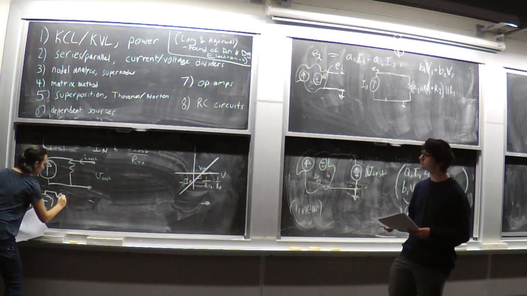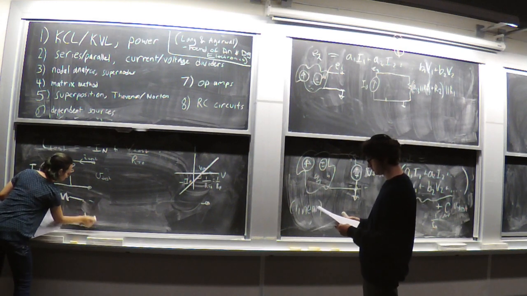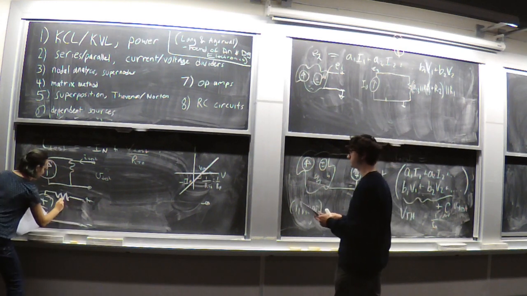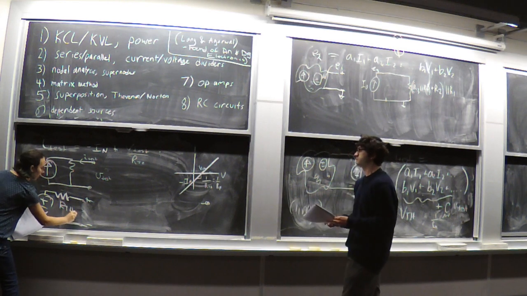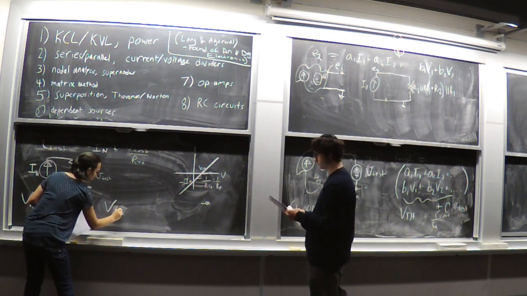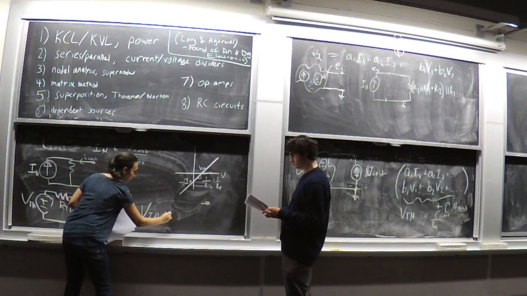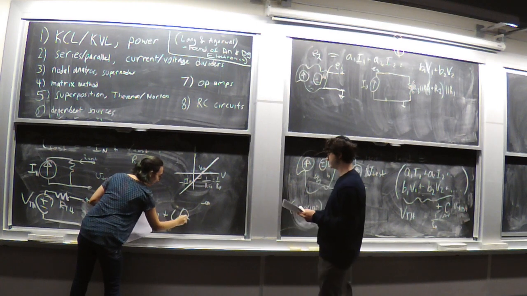So we end up with these two simplified models. And this one had equation V test is V_TH plus I R_TH.